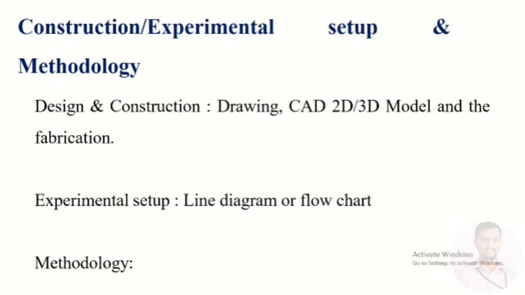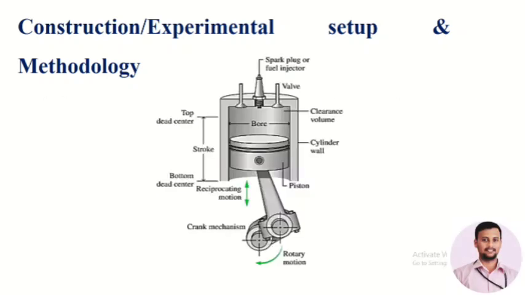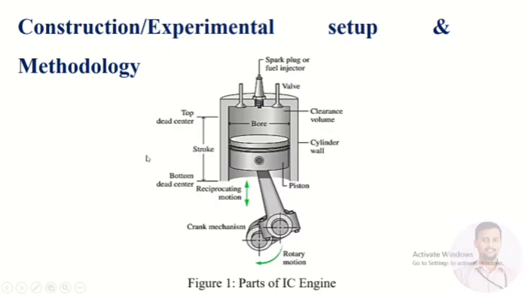So in this particular section you should use figures to explain the content, experiment or methodology. As I said, if you are doing anything IC engine related, use figures like this and place the figures at the center, and at the bottom give a figure number along with the figure caption. As you are seeing a clear picture in this video, the same clear picture should be used in your presentation.